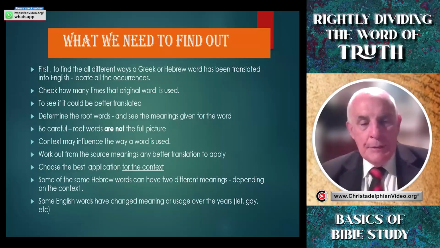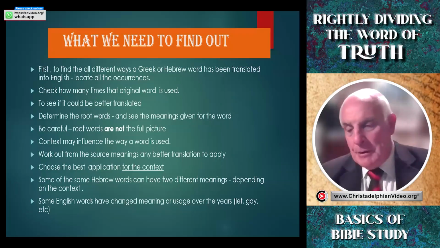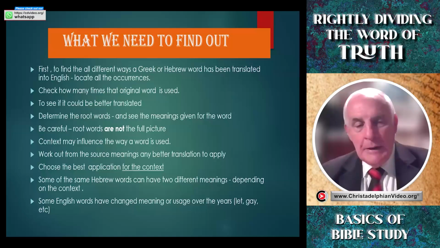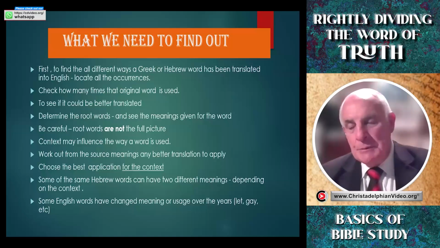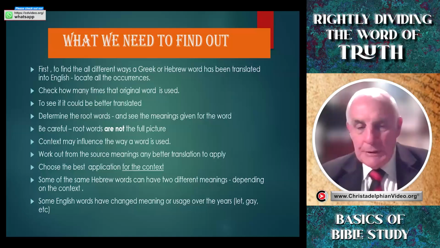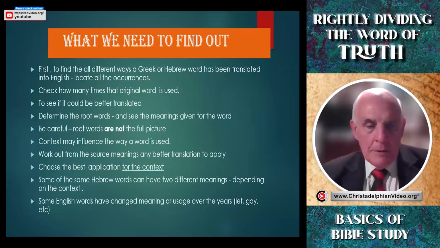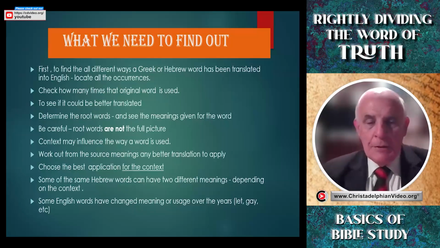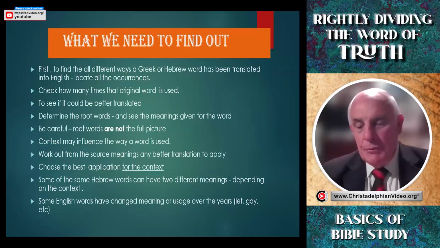Work out from the source meanings any better translation to apply. You might say, well, okay, now that I've studied the word, I can see that this word would be better translated with a more modern word, a word that is more understandable, a word that is closer to the original meaning. Choose the best application for the context. Sometimes you may have a choice of new words to apply, but the context will help you determine the best word to put in its place.